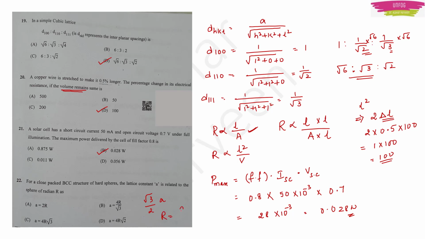Radius is always equal to A upon 2, right? So this will become root 3 by 4 into A. But here in LHS only A is there every time. So we will have A is equal to 4 upon root 3 into R. So A is equal to 4R upon root 3. Option B is the right answer.